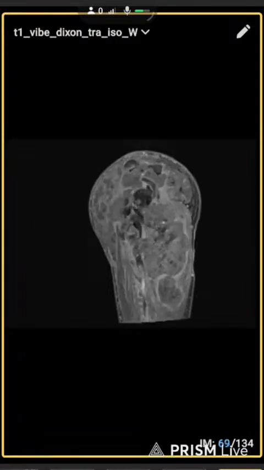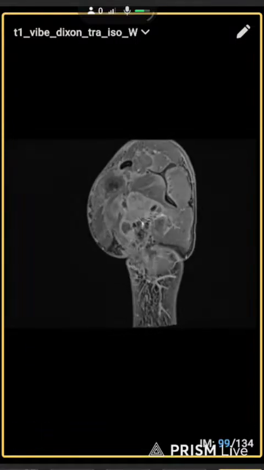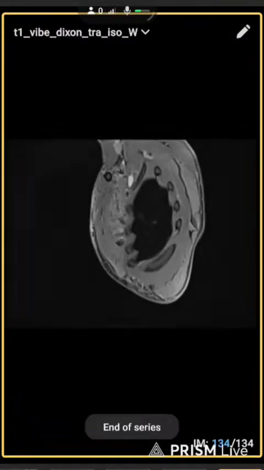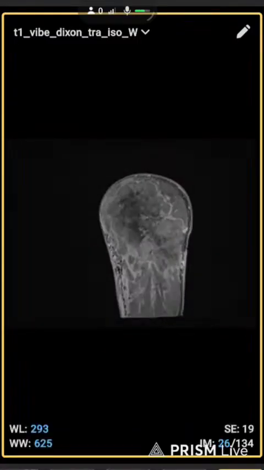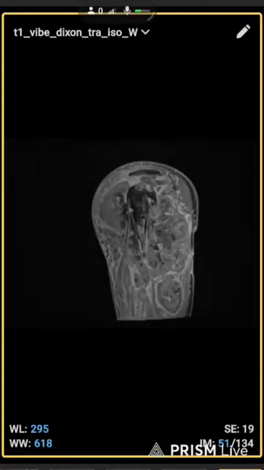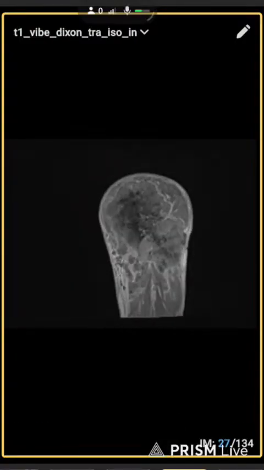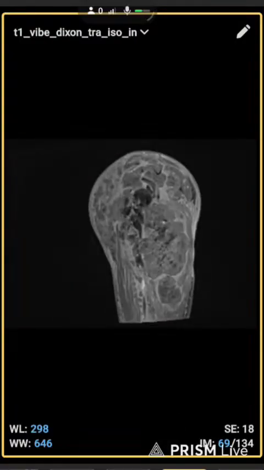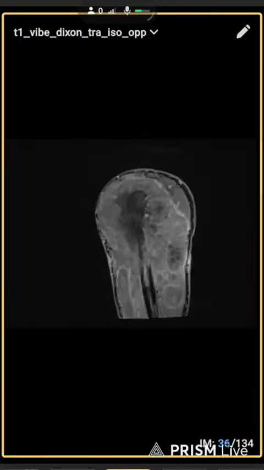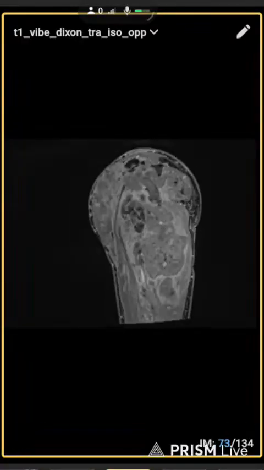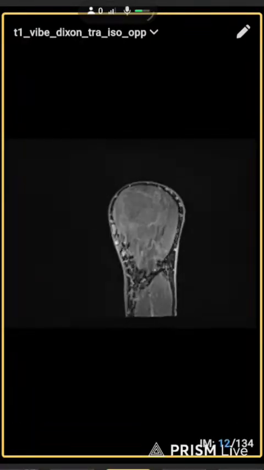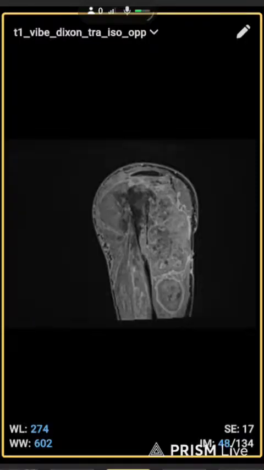There you can see contrast enhanced randomly everywhere, showing enhancement everywhere. So it's showing that type of enhancement if there was a bony malignancy.